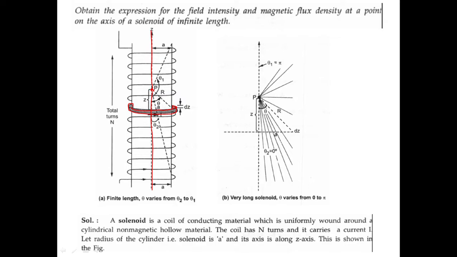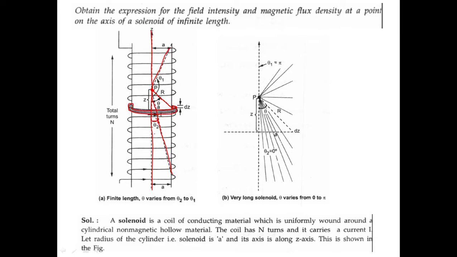From this point I will draw three lines. One is to the top of the solenoid, another is to the bottom of the solenoid, and the other one is from the point to the part of the solenoid we have considered. So now we'll have three angles. Everything is measured counterclockwise from the Z axis. The first one is between the line joining the point and the end of the solenoid, that is theta 2.